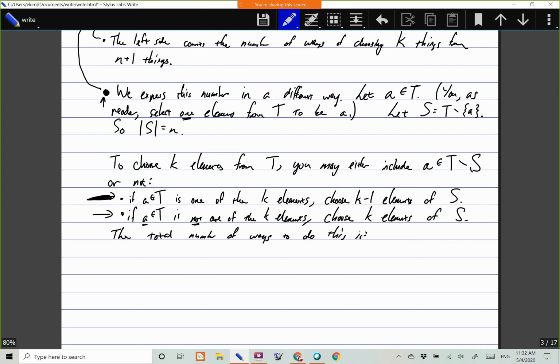It's just one of the elements. So then out of this set of cardinality N, we need to pick K minus 1 things. So that's N choose K minus 1. But by the sum rule, the other procedure might occur. If you have that element a and it's not one of the K elements, then to create a K element subset of T, you have to start from your N element set S and choose K of them.